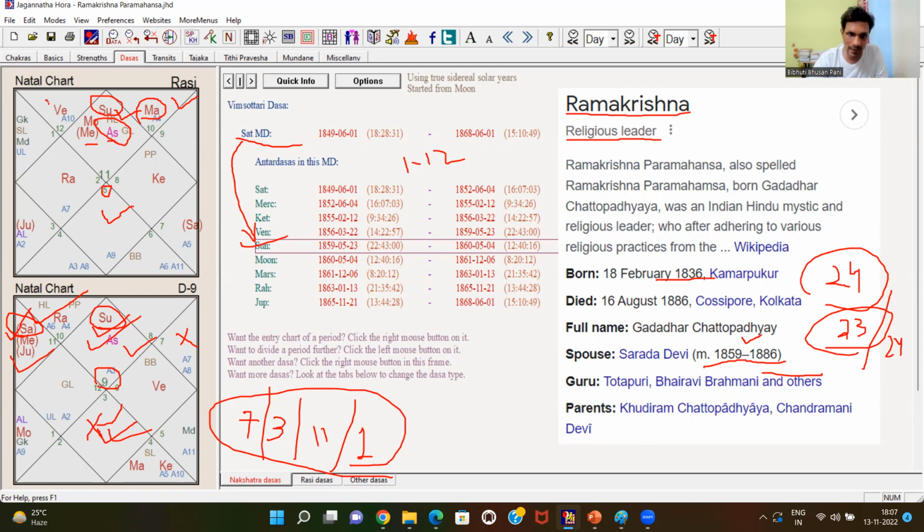For the 13th year, start again from this sign: 13, 14, 15, 16, 17, 18, 19, 20, 21, 22, 23. In 23 years, the 12th house is running. Again in 24 years, the 7th lord is getting activated. So at 23 plus 24 years he got married. So this is another method by which we can time the marriage.